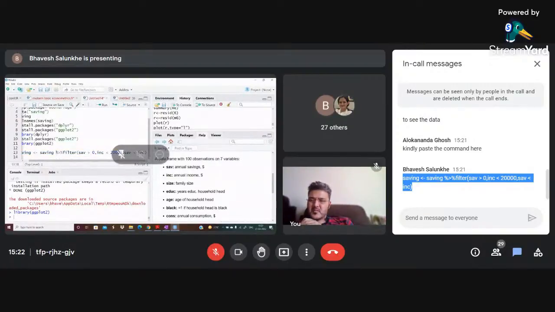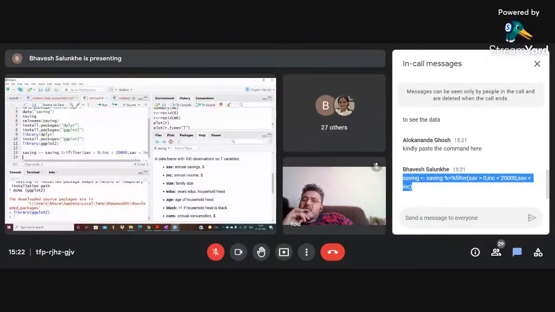I am not going into details of that. Filter, savings greater than 0, so positive values for savings we are extracting. We are extracting values for income which are less than 20,000. And also we are saying that your savings value should be less than income value. That should be the case, isn't it? You can't save more than what you earn.